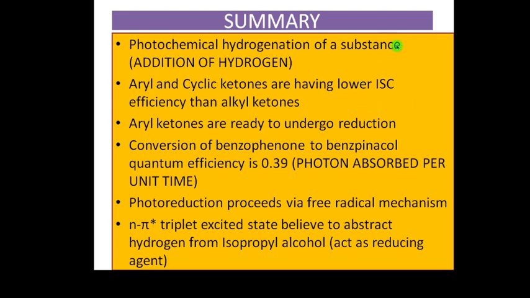Once it happens in the triplet stage, there is the possibility of hydrogen abstraction. So it happens for all alkyl, cyclic, or aryl ketones. Aryl and cyclic ketones have a lower intersystem crossing efficiency than alkyl ketones, and all aryl ketones are ready to undergo the reduction reaction.